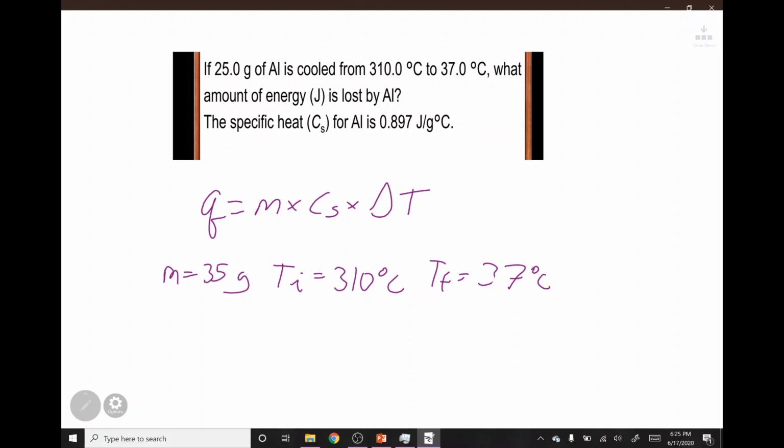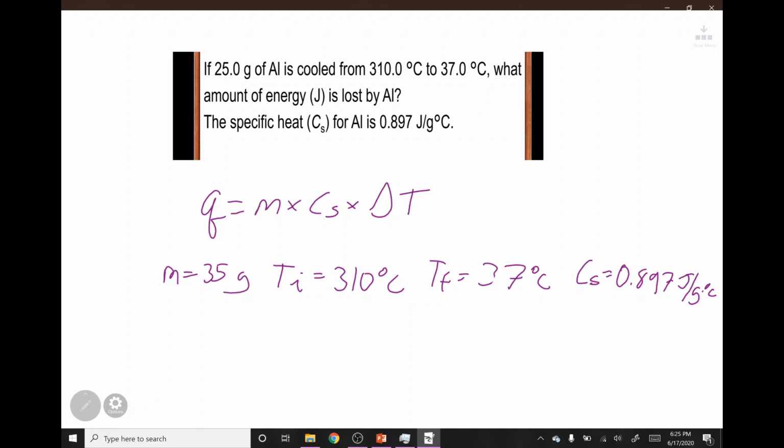And then our Cs is equal to 0.897 joules per gram degrees C.